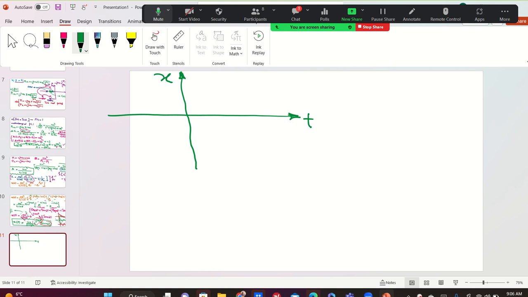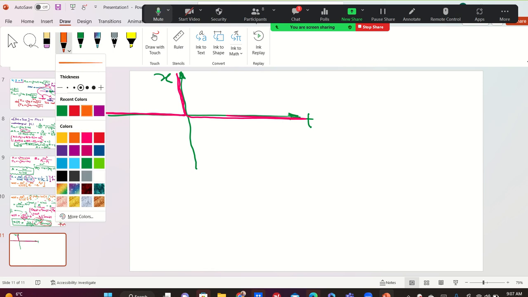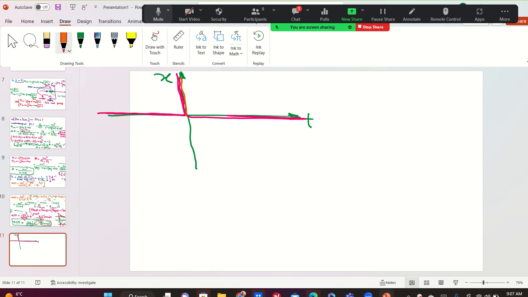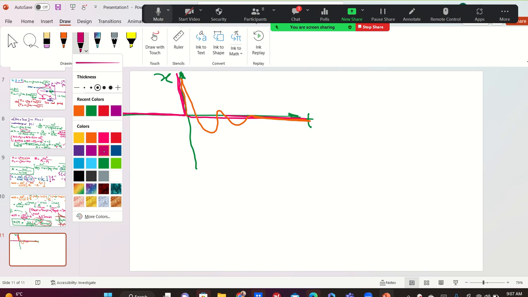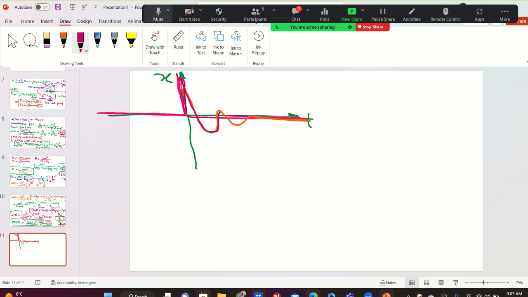And if you apply an impulse as the input, this is the input of the system. So the system is going to be like this. Let me change the color to visualize this. You have a transient response that is oscillating.